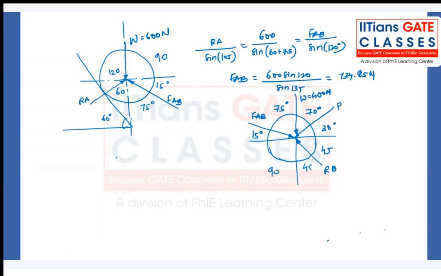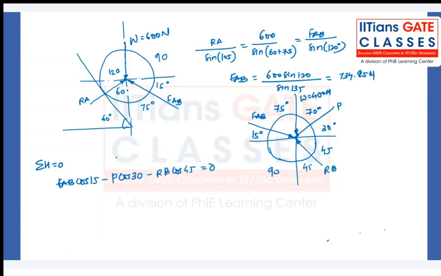So that's all. Then apply the equations of equilibrium: summation H equal to 0, summation V equal to 0. Summation H equal to 0: FAB cos of 15 minus P cos 30 minus RB cos of 45 equal to 0.